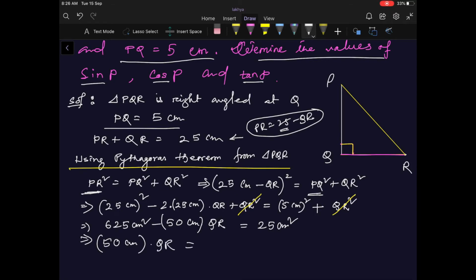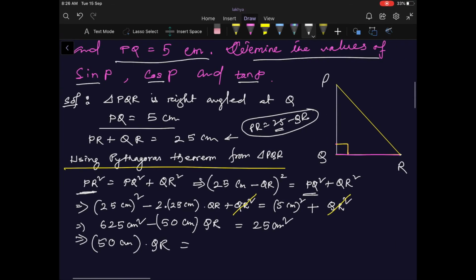Now bring the 25 centimeter square to the left hand side, that will be 625 centimeter square minus 25 centimeter square. It's a very simple simplification. I hope you have understood this.